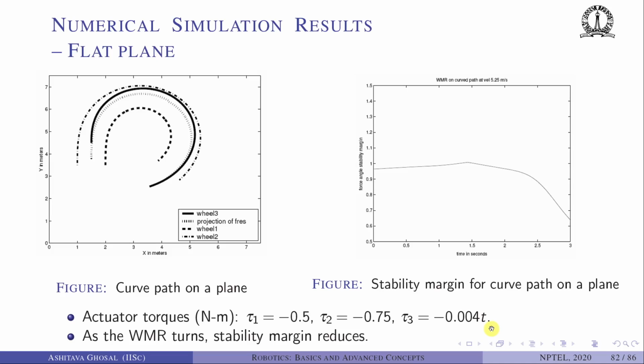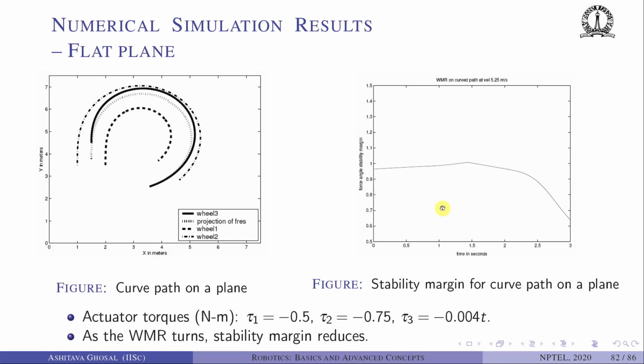Then I can find the normals, and then I can find the angle between this resultant force and I1, I2, I3, and then plot and evaluate all of them, and show how the wheel is moving on this flat terrain. This is the third wheel, these are the first and second wheels, and this is the projection of the force vector onto the plane. And then I can compute theta 1, theta 2, theta 3, and the minimum of those, and plot it.